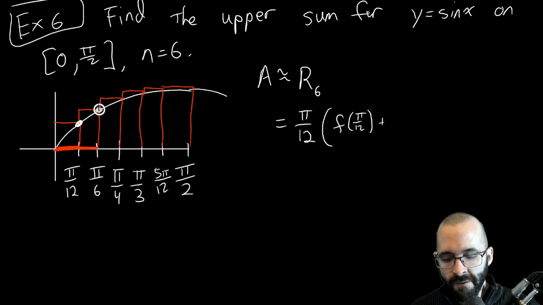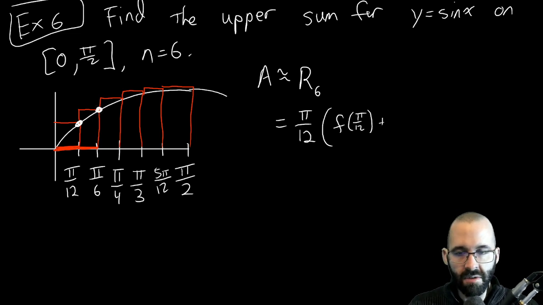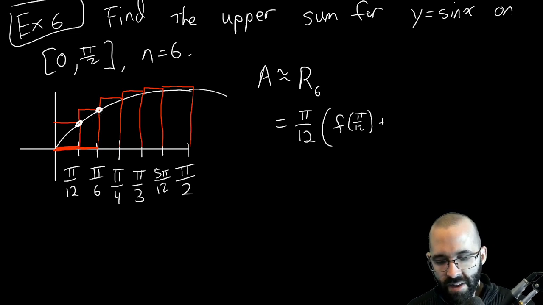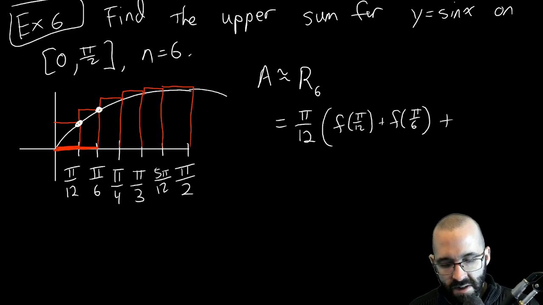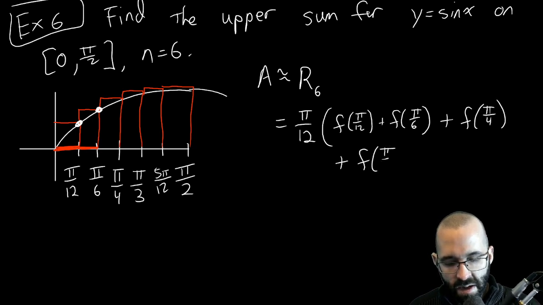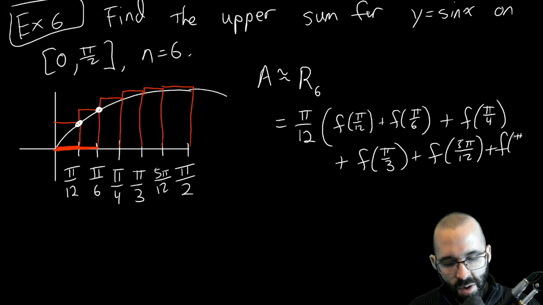Plus the second one, the height is just the function value at pi over 6. And so on. Function value at pi over 4. Function value at pi over 3. Function value at 5 pi over 12. And the function value at pi over 2.